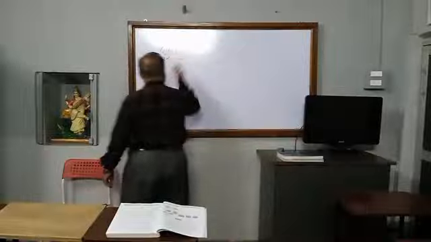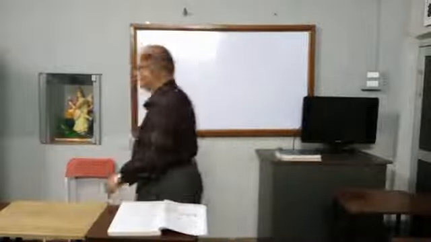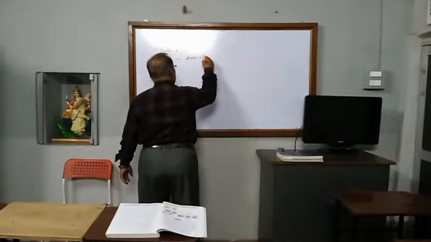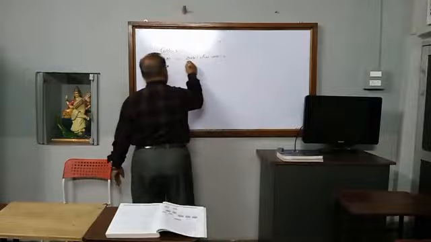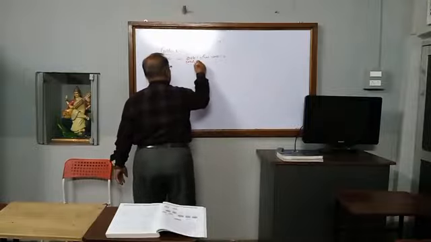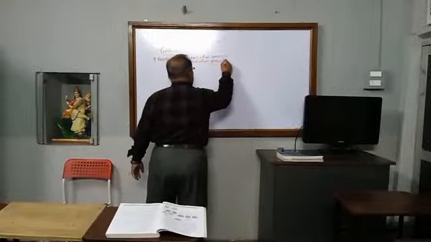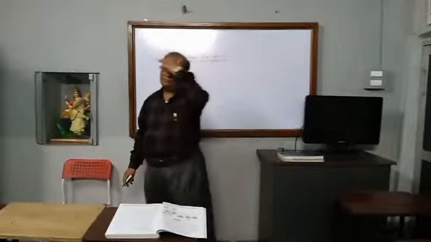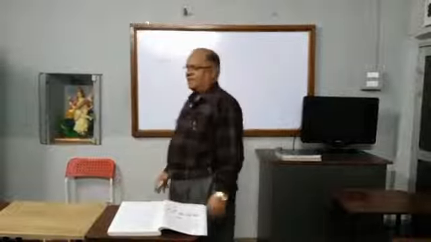What is the golden rule of real account? First there is debit, next is credit. Debit what comes in, and credit what goes out.